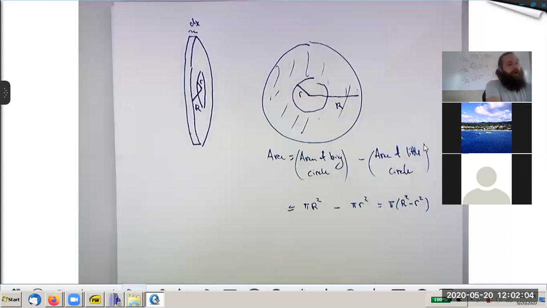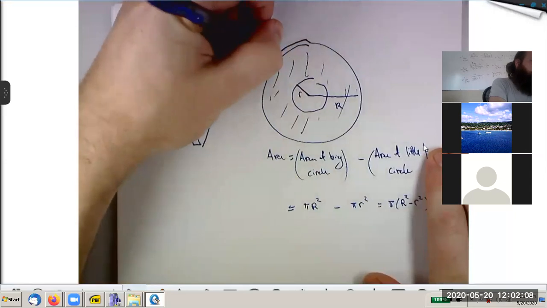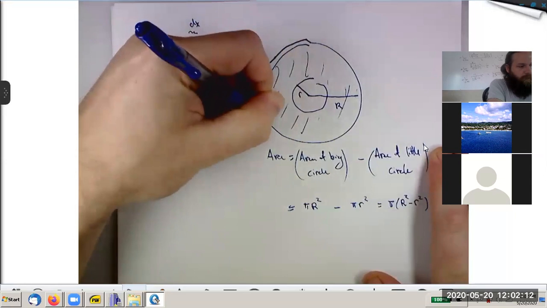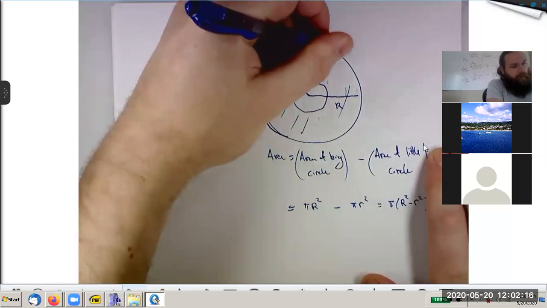And then to go from the area of that thing to the volume of the washer, you just multiply by the thickness of the thing.